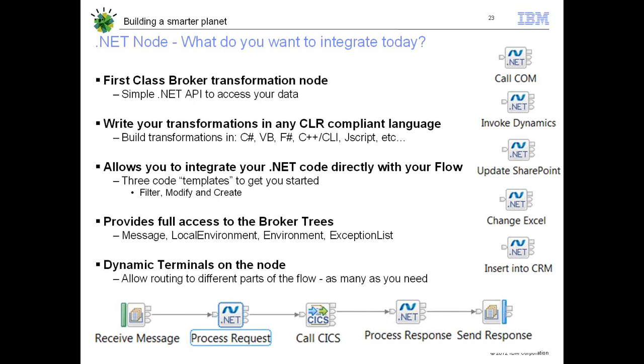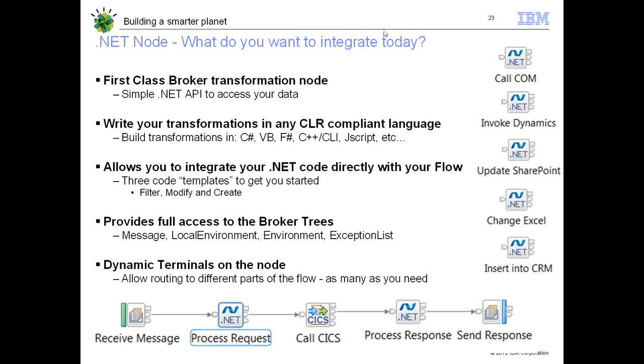We are also providing first-class .NET API support within the message broker. You can write your transformation logic in any of the .NET languages like C#, VB, Foxtrot. It's all supported.